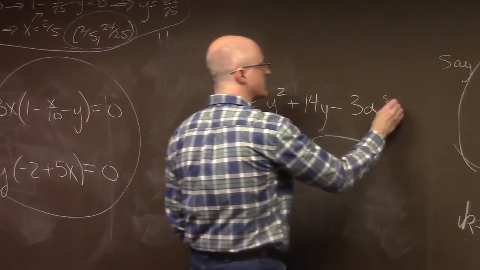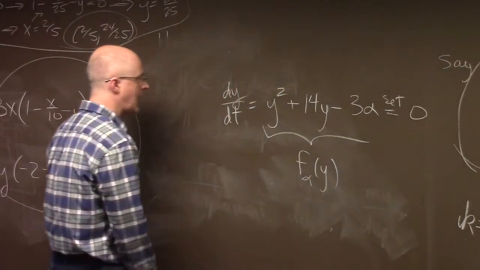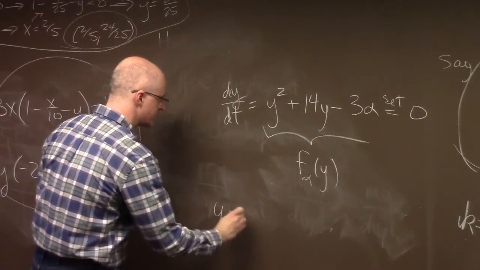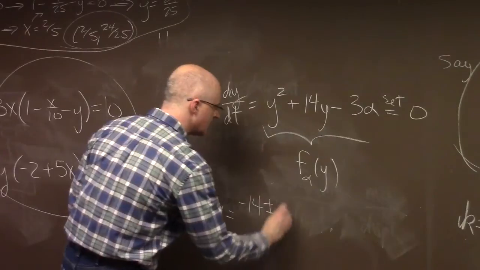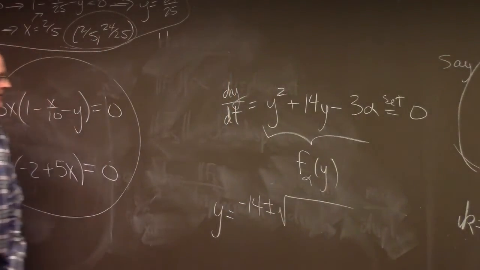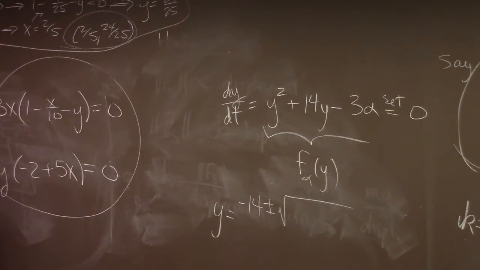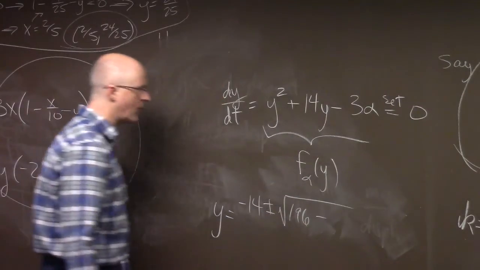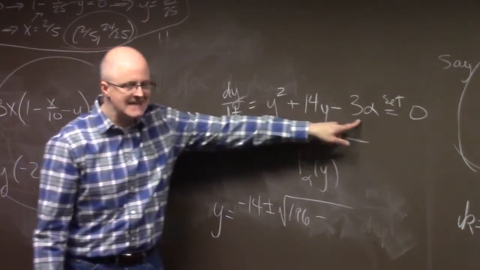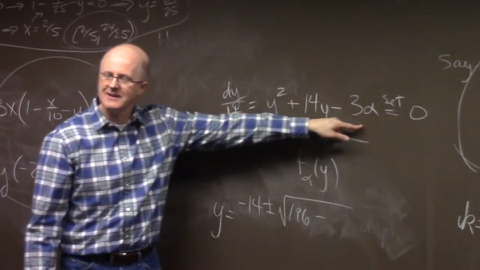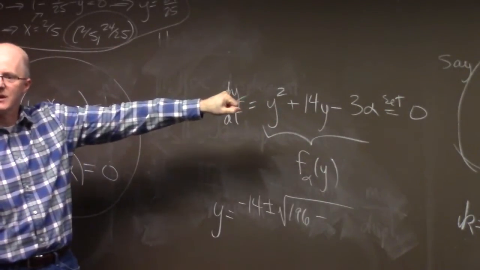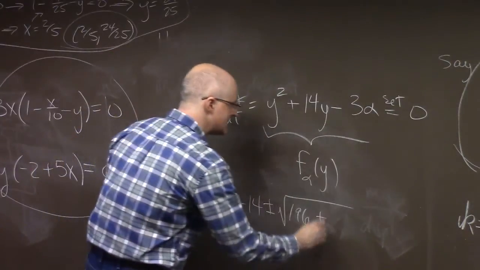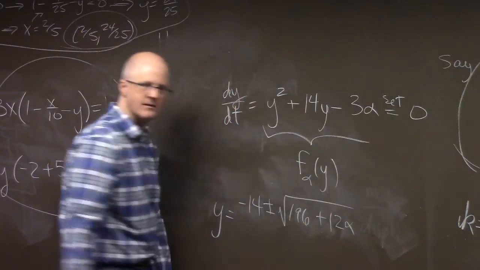If I set this equal to 0 and solve for y by using the quadratic formula, I get -14 plus or minus the square root of 14 squared, 196, I think that's right, minus 4, a is 1, c is -3 alpha, in the quadratic formula, so you'd get a plus 12 alpha there.